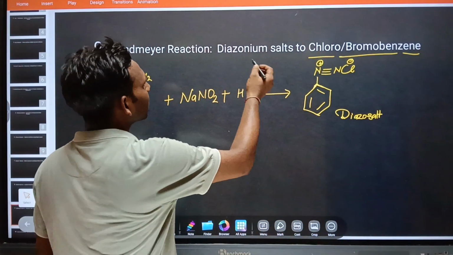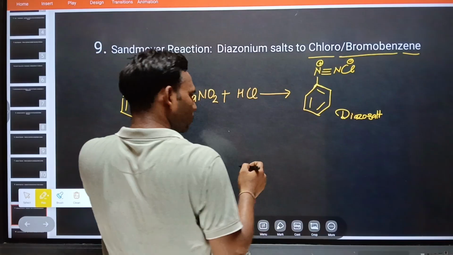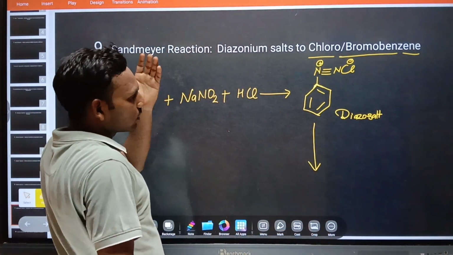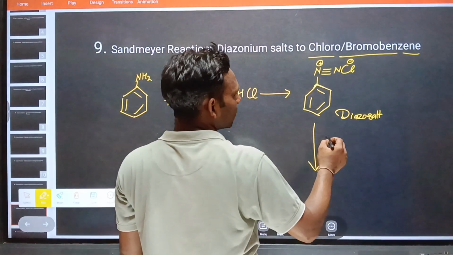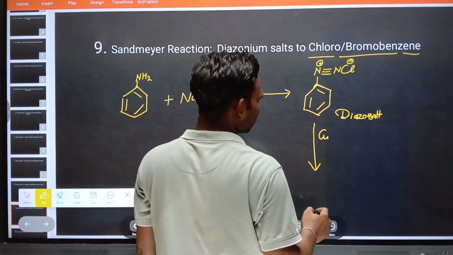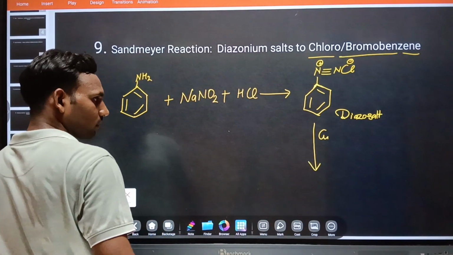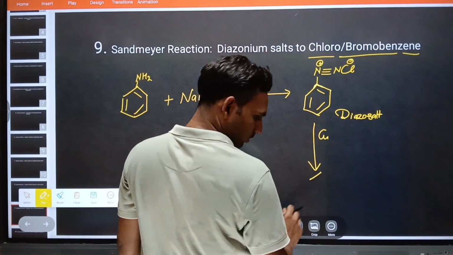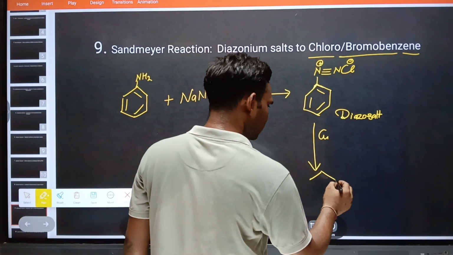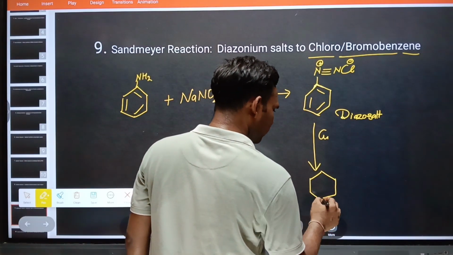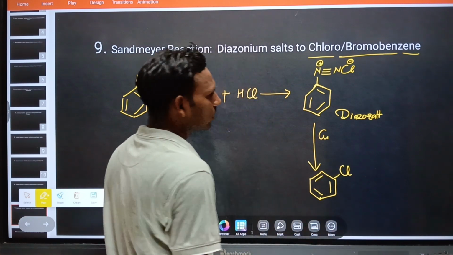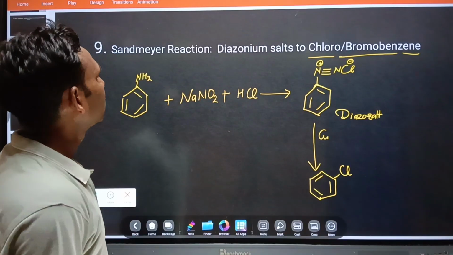Here is the formation of chlorobenzene. In the Sandmeyer reaction, it reacts with copper chloride, then forms C6H5Cl, chlorobenzene.